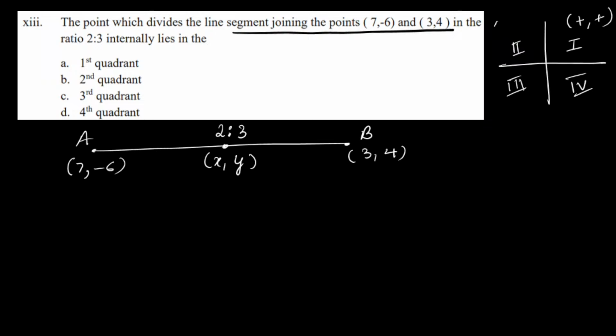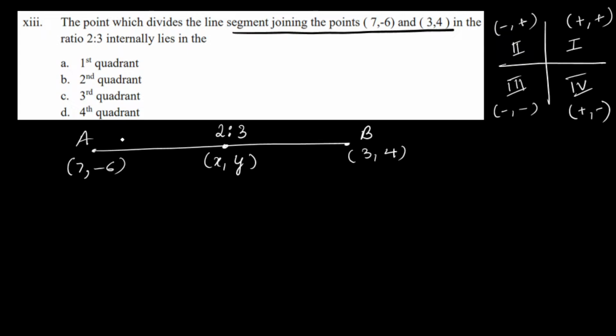In second quadrant, x is negative, y is positive. In third quadrant, both x and y are negative. Fourth quadrant, x positive, y negative. So we have to find the point using section formula, and according to the signs of the point you are finding, you can mention in which quadrant that particular point lies.